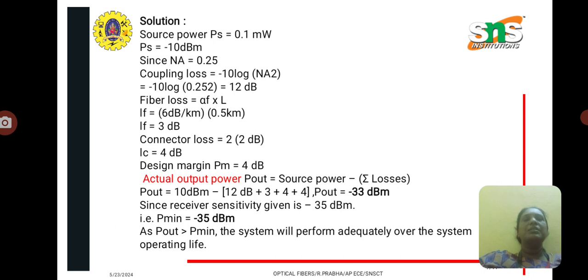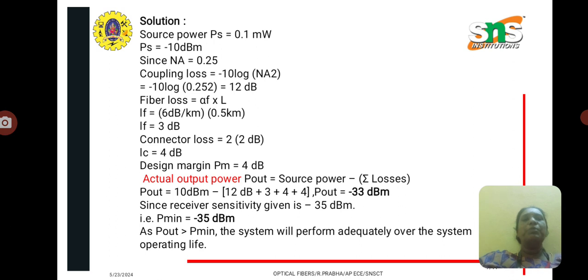The attenuation is 6 decibels per kilometer multiplied by the length 0.5 kilometer, so it is 3 dB. Now the connector loss is calculated: we have used two connectors, so 2 times 2 decibels is 4 decibels. And the link margin PM is 4 decibels.